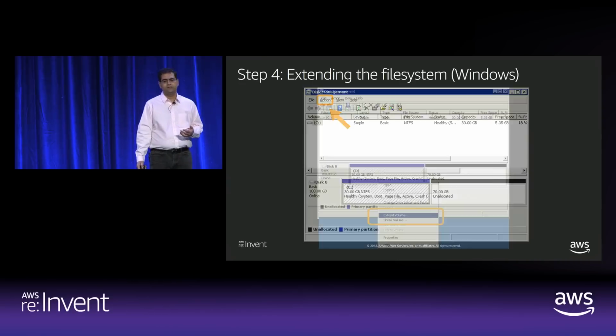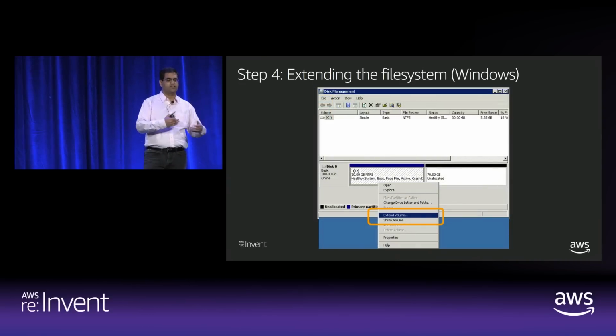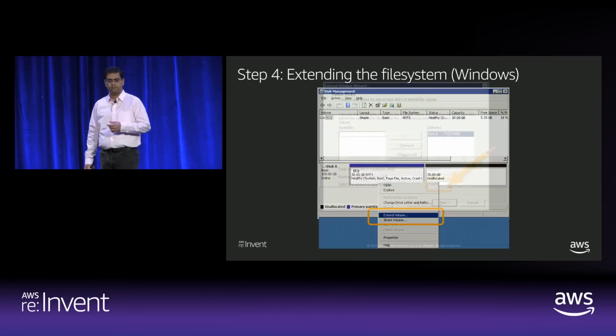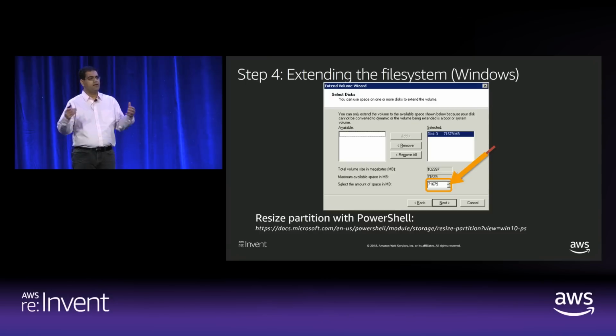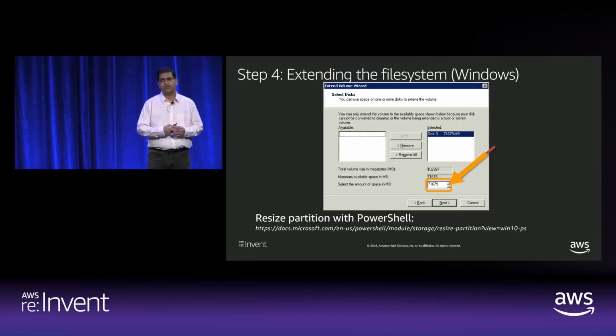And in Disk Manager, you go extend the volume. You'll see the operating system will see the new capacity. You'll go extend that volume, right? And then take advantage of that additional space. You can also use PowerShell commands, by the way, to resize your disks.